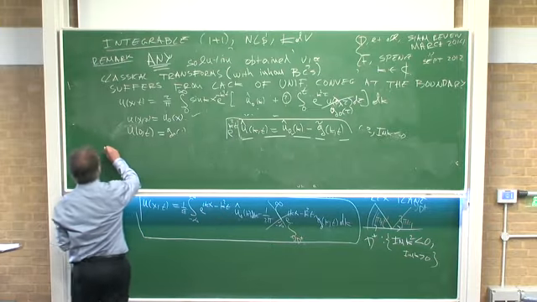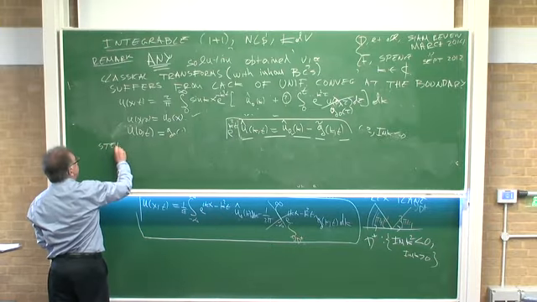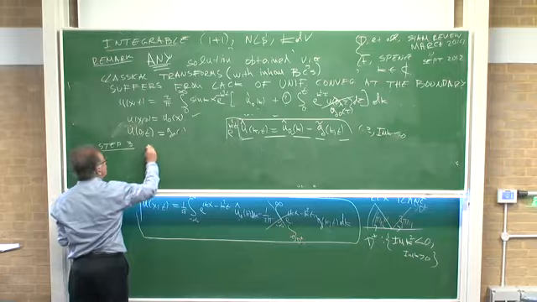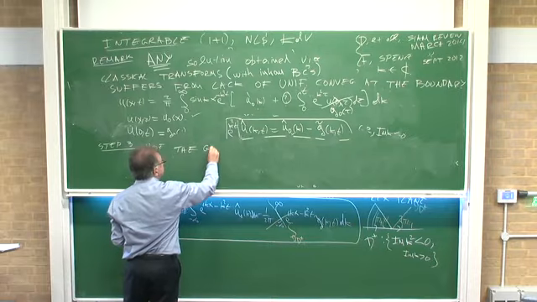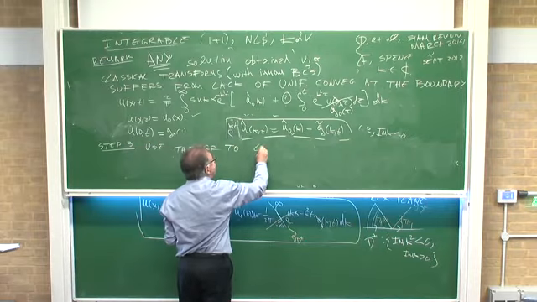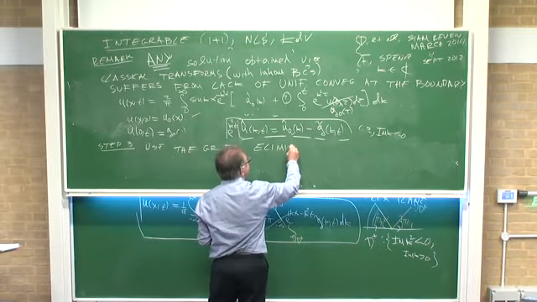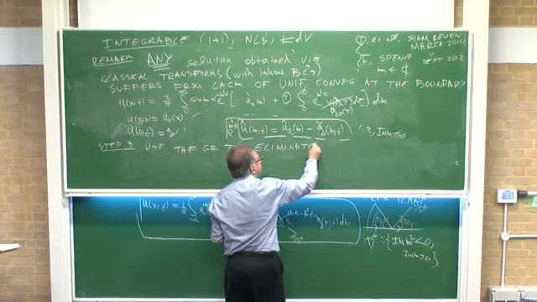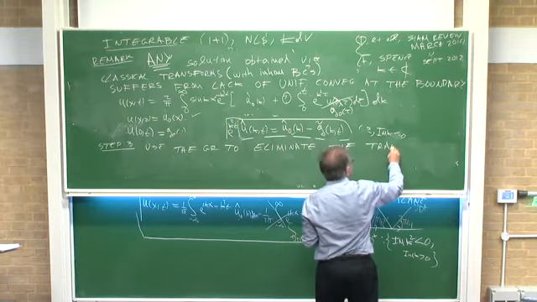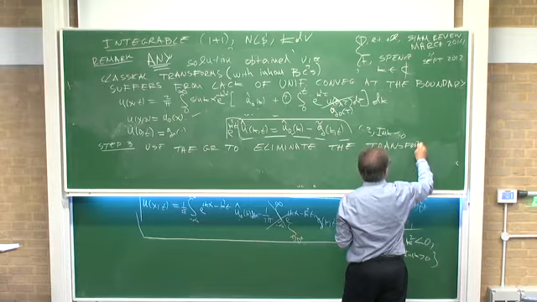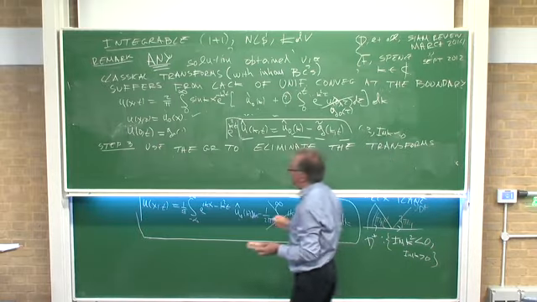Step 3: use the global relation to eliminate the transforms of the unknown boundary values.